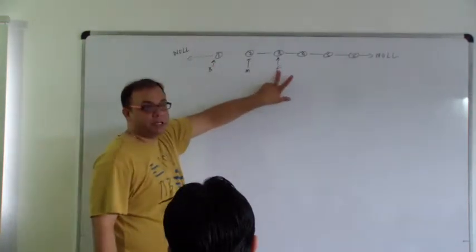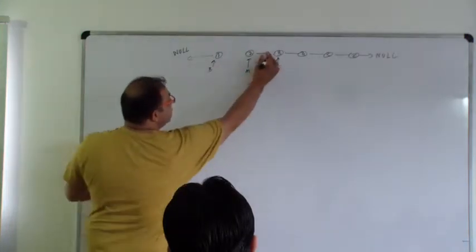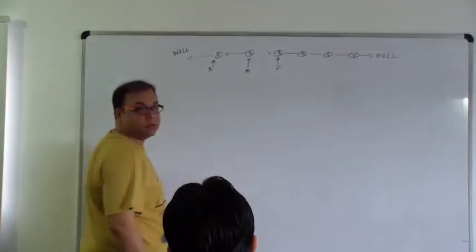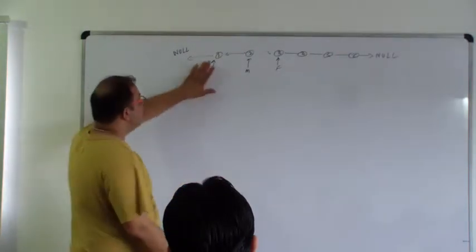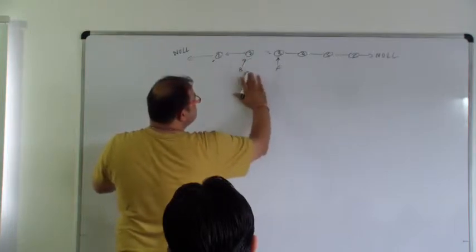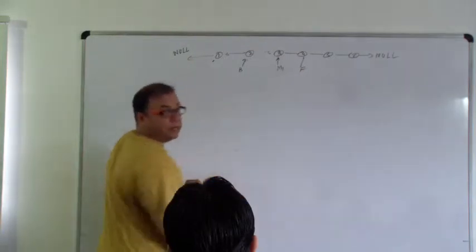Now we will go again. We will check if front is null. Front is not null. So what we will do, we'll do again. This was pointing over here. We'll break this. We'll point it to back. And then we'll make back is equal to middle. Middle is equal to front. And front is equal to front arrow next.